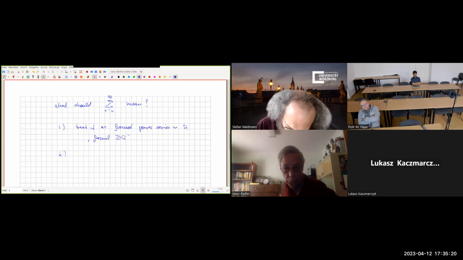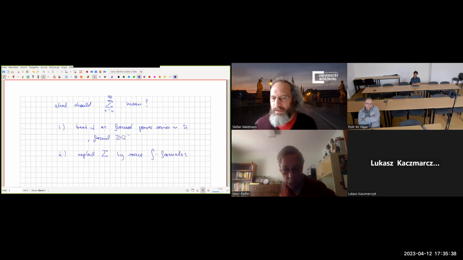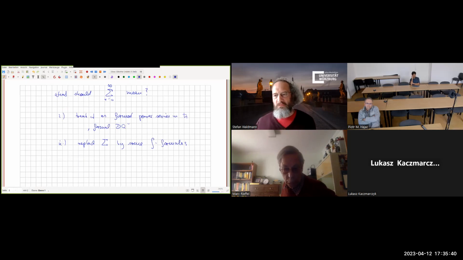The other thing is, well, one option to interpret this is to replace the summation by some integral formula, and then these integral formulas will be reasonable or will be possible for certain functions on certain manifolds M. This doesn't work in general anymore.